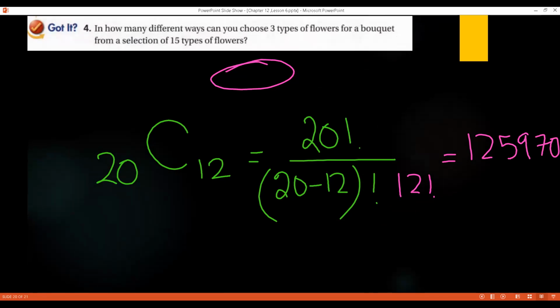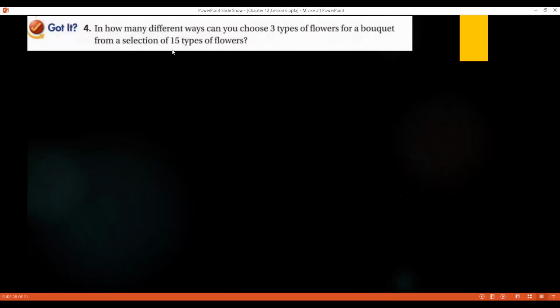Now, in how many different ways can you choose 3 types of flowers for a bouquet from a selection of 15? Now look at me here. You have 15 flowers and you want to choose 3 of them.